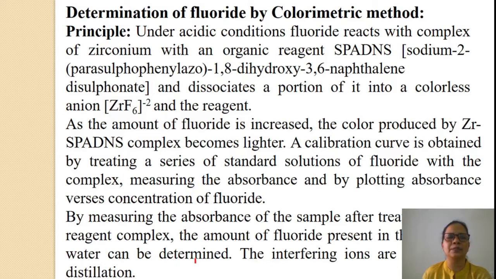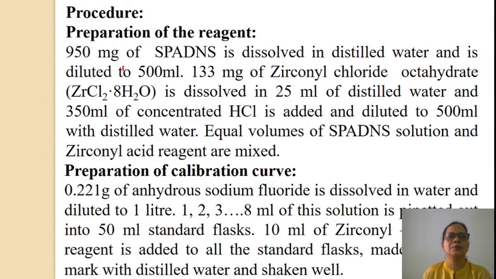So this is the principle. So the procedure, first the preparation of the reagent. 950 milligram of SPADNS is dissolved in distilled water and is diluted to 500 ml. This is one reagent that we have prepared.